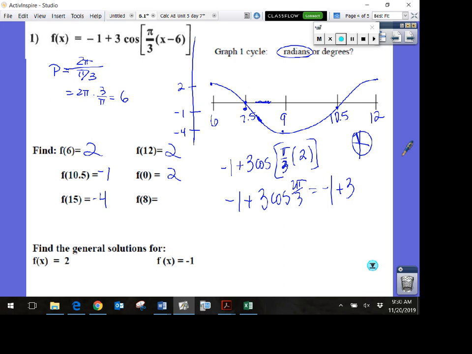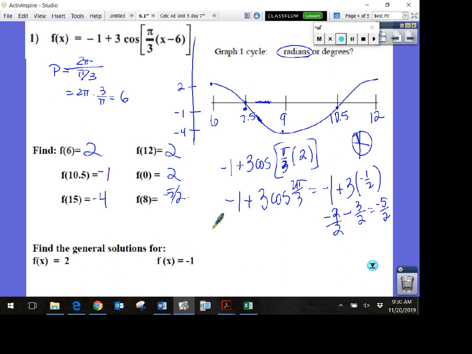Right up here, cosine is going to be equal to -1/2. So we get -1 minus 3 over 2. If I make that 2 over 2, I get -5 over 2. -5 over 2, -2.5, whichever one you like. Doesn't matter to me.